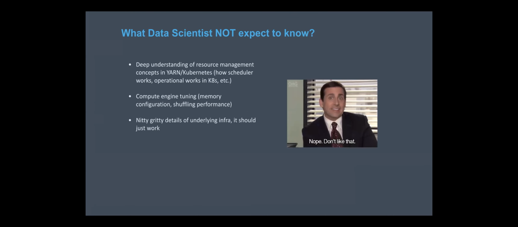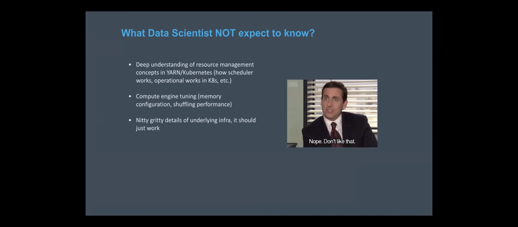If we want to teach data scientists to fully understand how the scheduler works in YARN or Kubernetes, or how to do operational work like creating namespaces, creating volumes and setting up RBAC, a lot of them find trouble doing that.